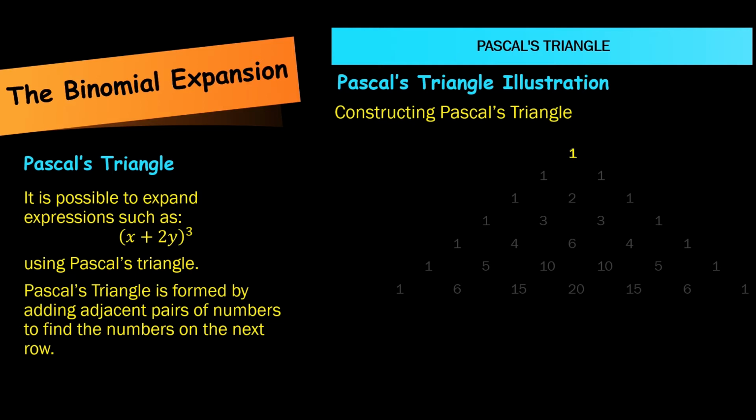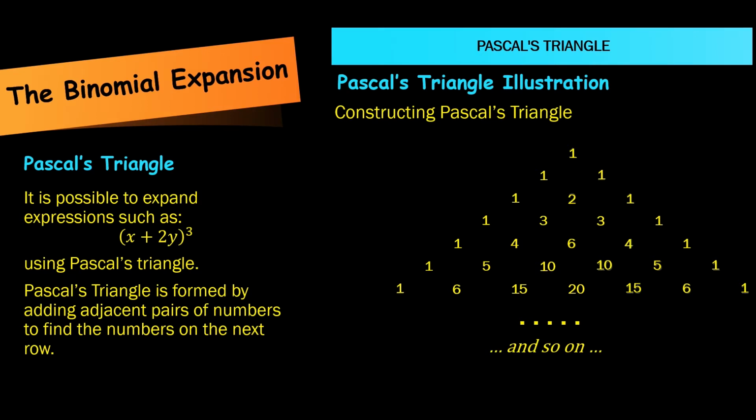We begin with 1 and the rest of the triangle follows, and so on. These are the first 7 rows of Pascal's triangle.